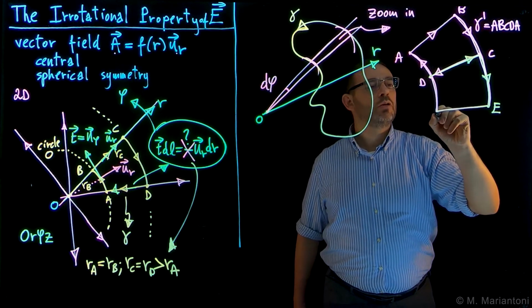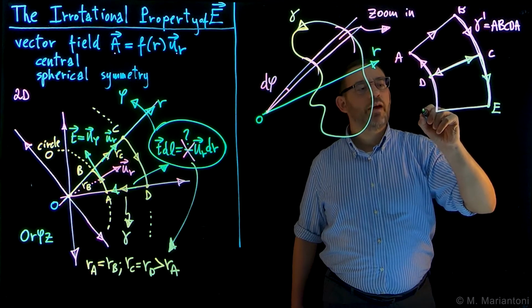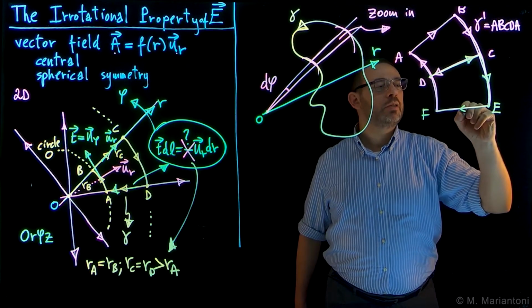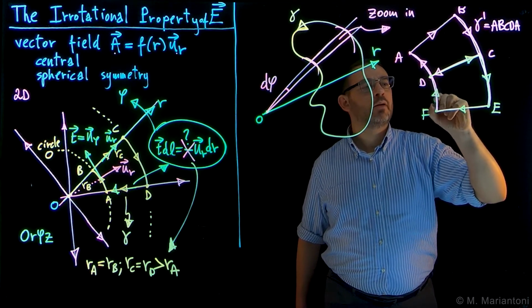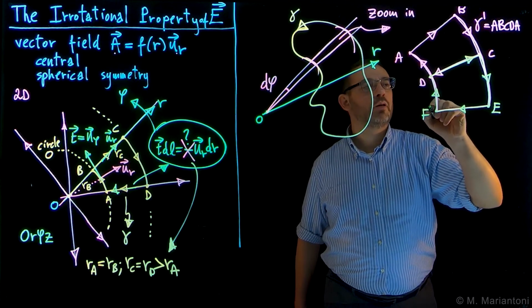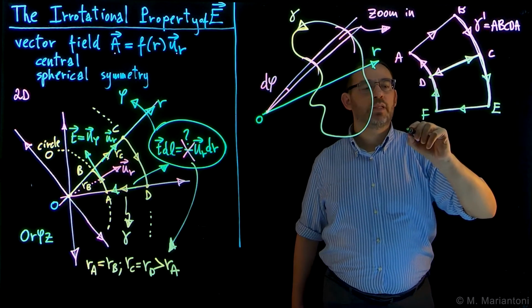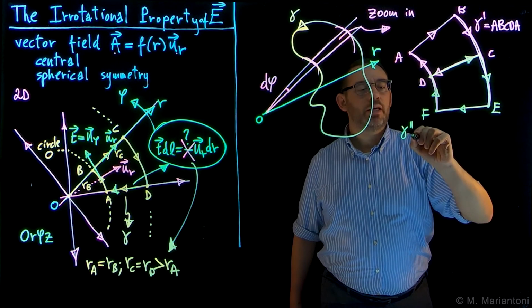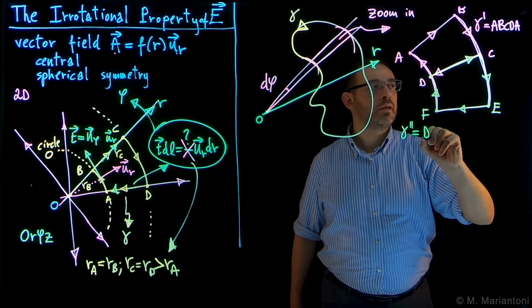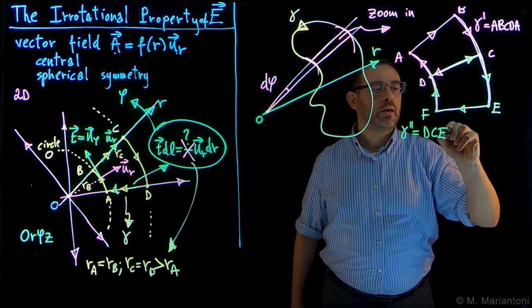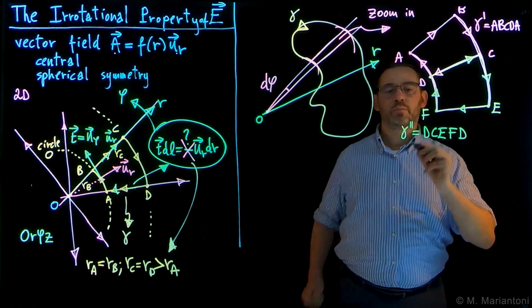From E, we go to this point F, and from F, we go back to D in this direction, okay? So this line, we call it gamma double prime, and it is equal to D, C, E, F, D. All right.